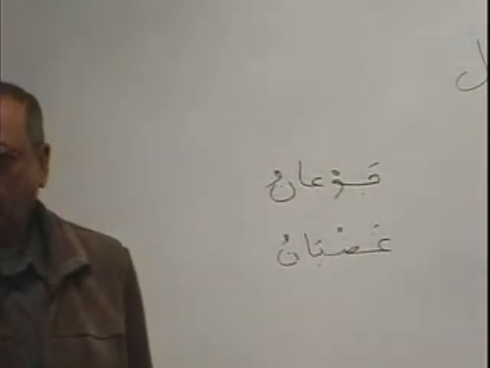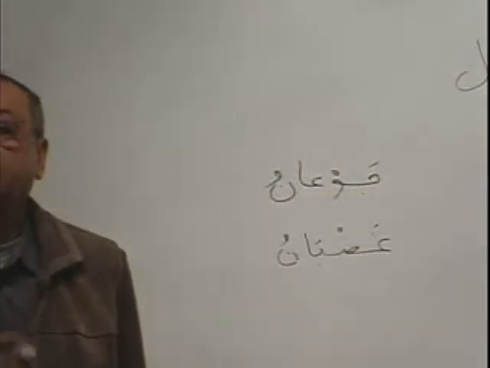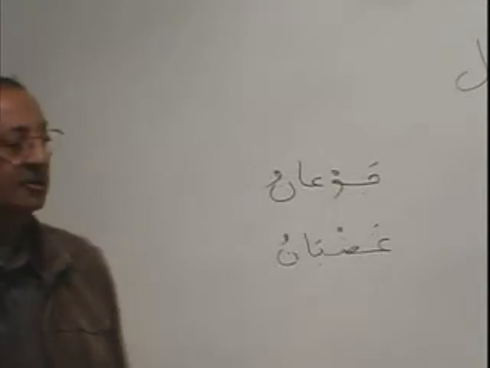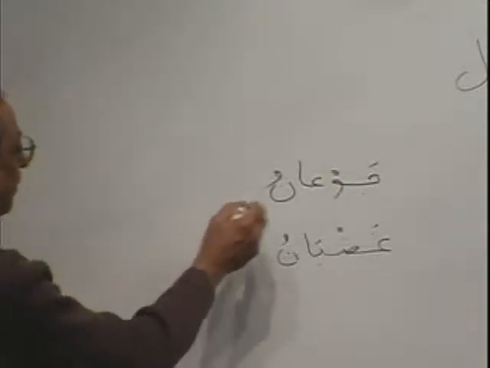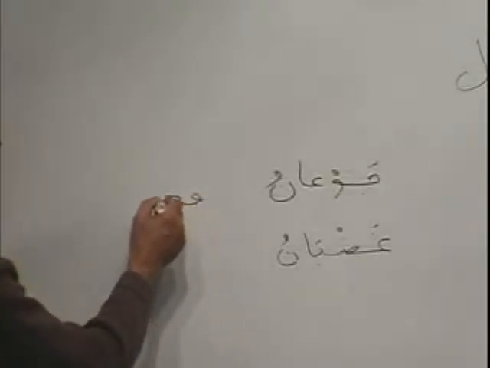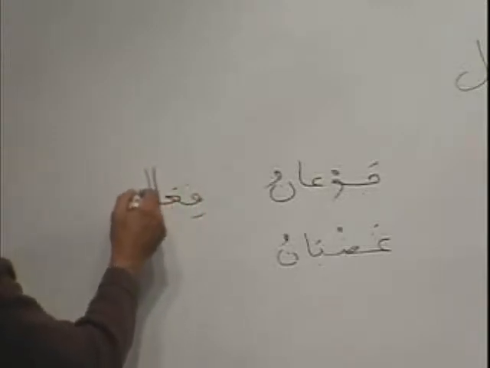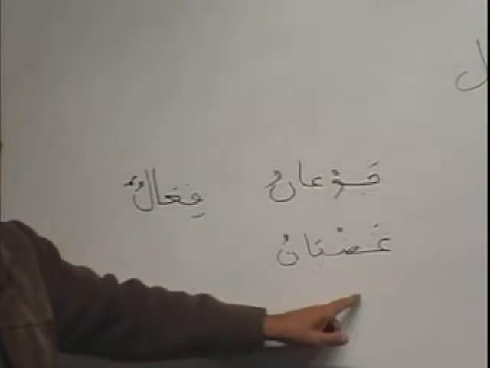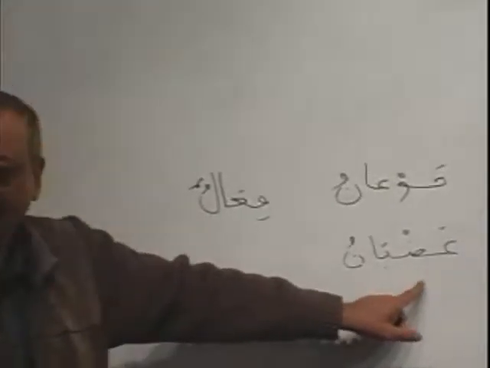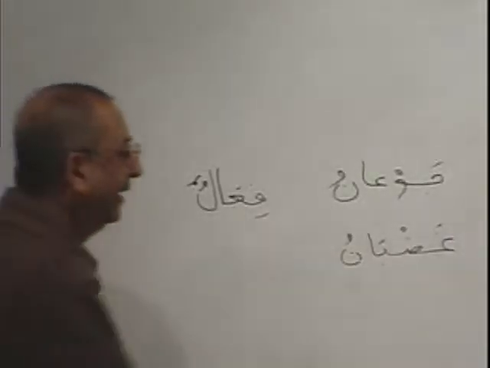Ghain, dad, and ba. Everything else is extra. So if I have to say the plural of this is made on the pattern of fi'al. So how will you make ghadban into fi'al? Ghidab. Got the idea? Okay.